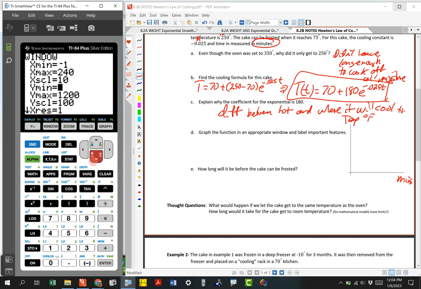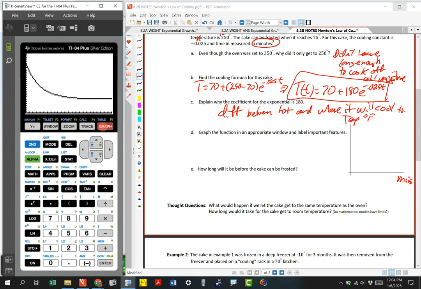Scale, let's go by tens. And minimum temperature, I suppose we could use 0, but you could change that if you want to. And I'm going to put 300 because we know we have to at least hit 250. Okay, without hitting trace or anything.